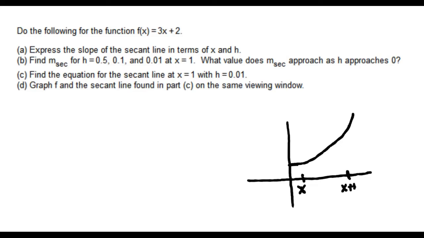And we'll say that little bit further down is the amount of h. We would take 2 points on that curve that are associated with that x and h and connect them with a straight line. That straight line is the secant line. So this is the secant line.